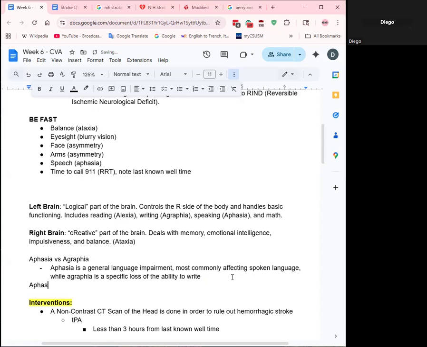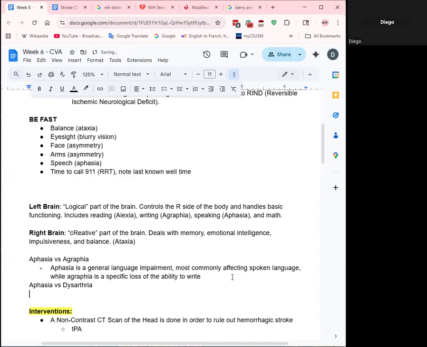I meant dysphagia versus dysarthria. Dysarthria is muscle weakness, or difficulty speaking due to muscle weakness. Sorry, dysphagia with the G is actually difficulty swallowing.